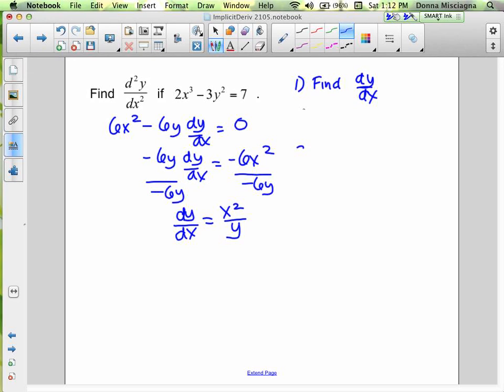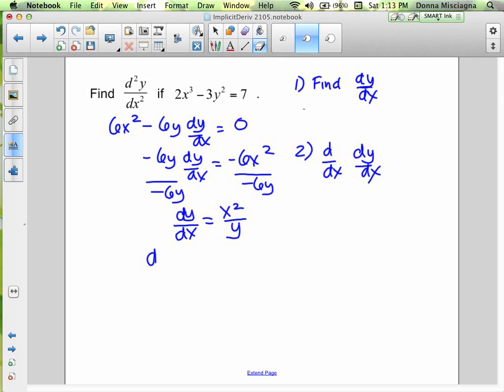So now we'll take the derivative with respect to x of dy dx. I'm going to switch colors right now so that it's color coded when I go from the first derivative to the second derivative.